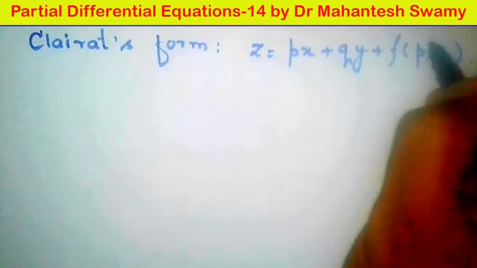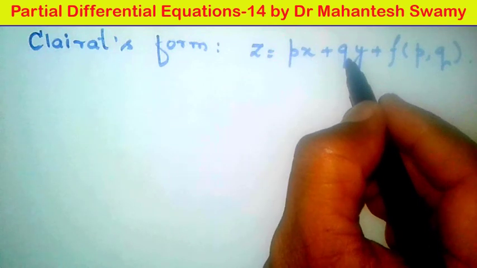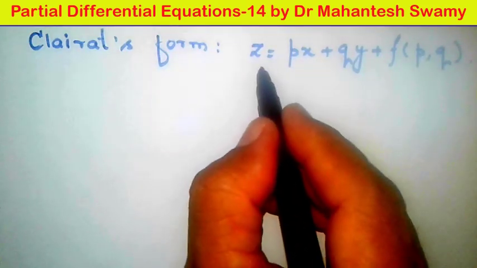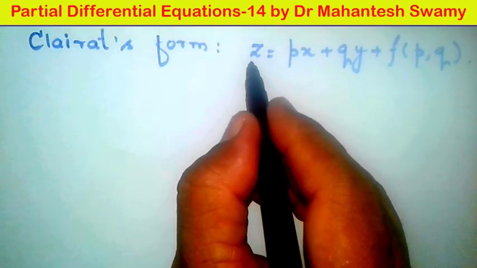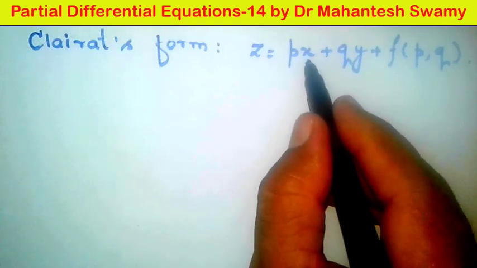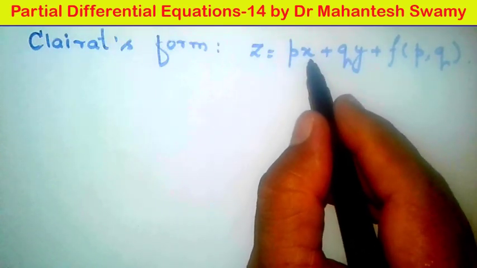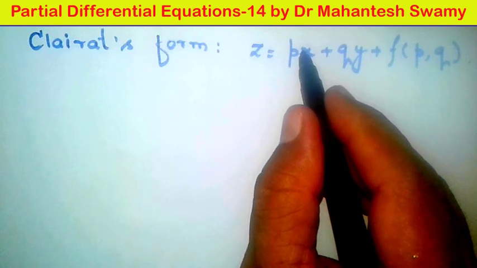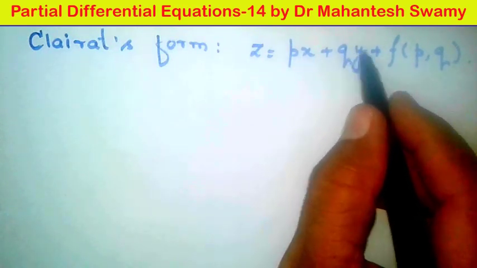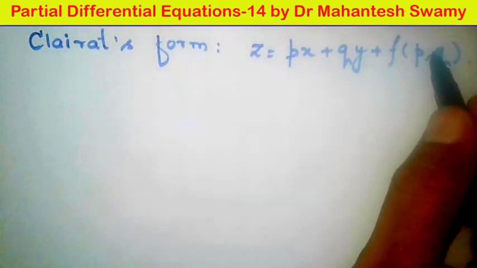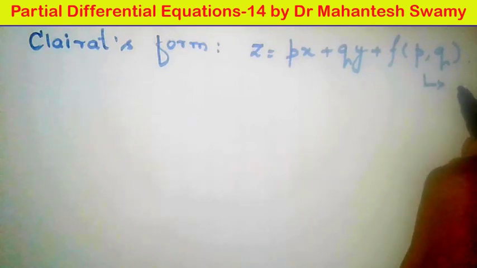If the given partial differential equation, which is of first order and nonlinear, appears in this format, where the dependent variable z is on the left hand side, and on the right hand side the first two terms are px and qy, and the relation between p and q is at the end, such a form is called the Clairaut's form, that is, a partial differential equation of type 4.